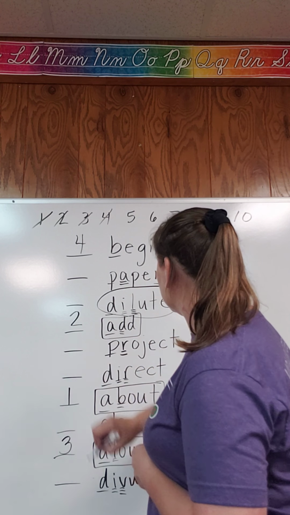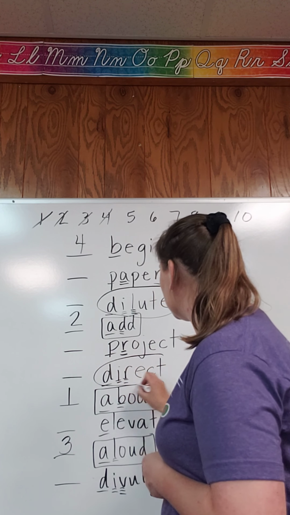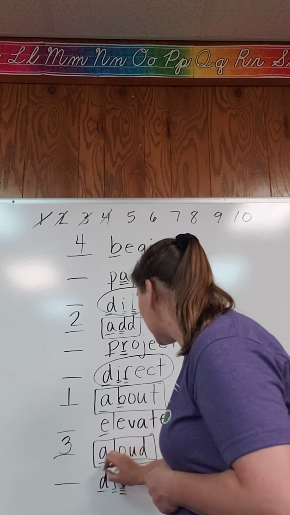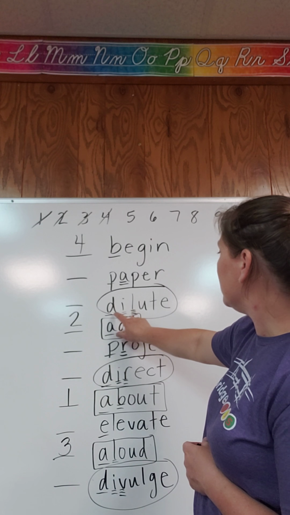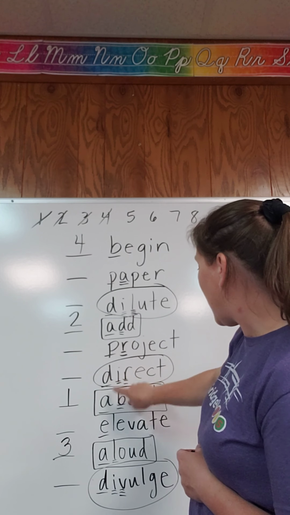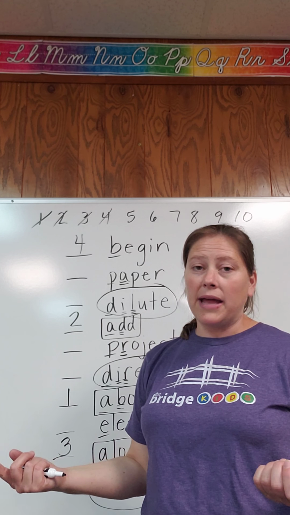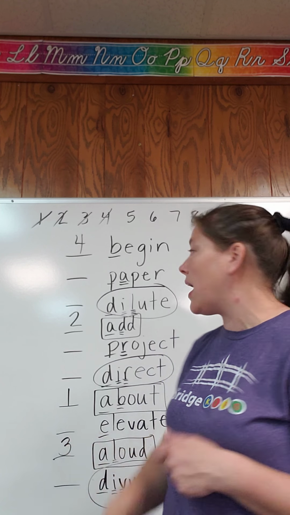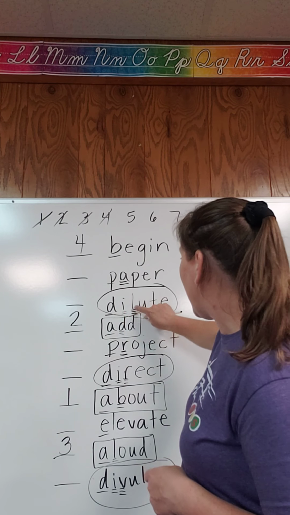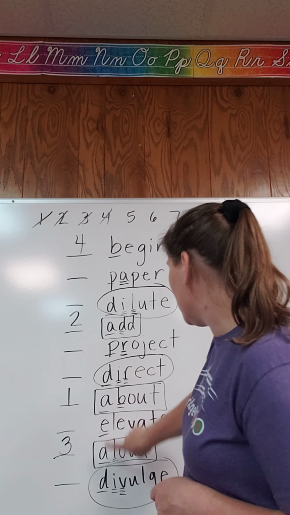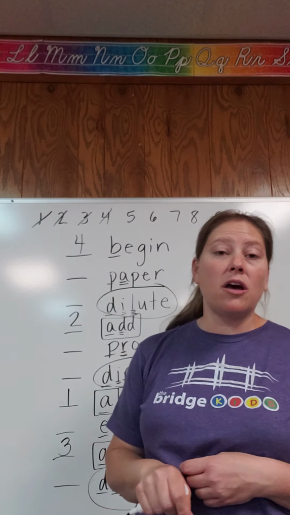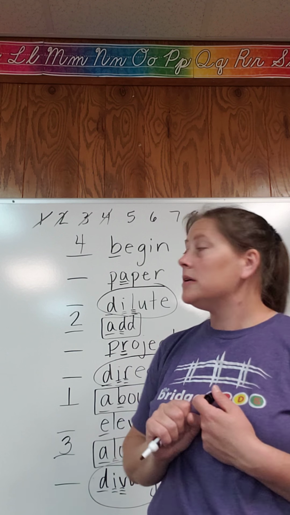We've got dilute, direct, and divulge. So we've got D-I, D-I, D-I, to remind us we have to use the third letter for the guide word. So D-I-L, D-I-R, or D-I-V? Which one of those would come first in the alphabet? You got it.